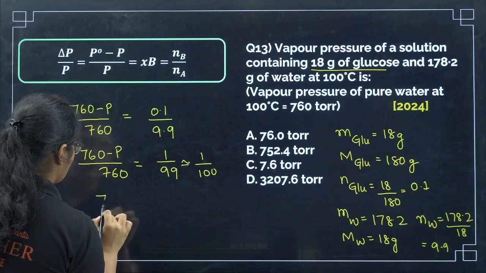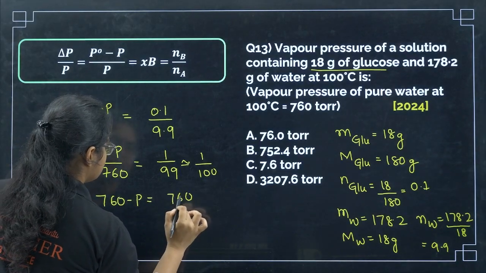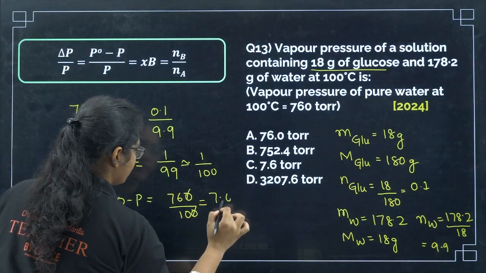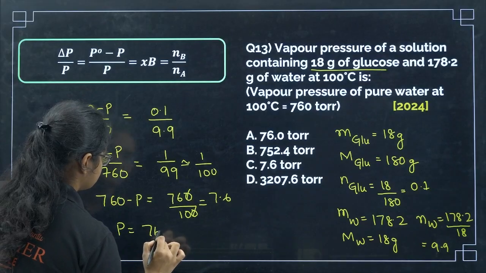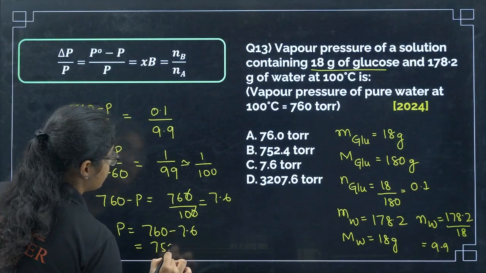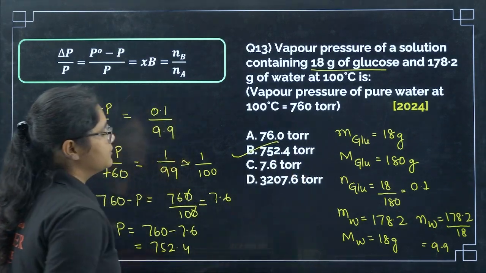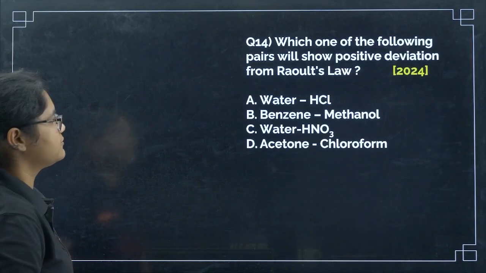So 760 by 100 is equal to 7.6. Now 760 minus 7.6 will be around 752.4. So that is your option number B. Clear? Next we'll move to question number 14.